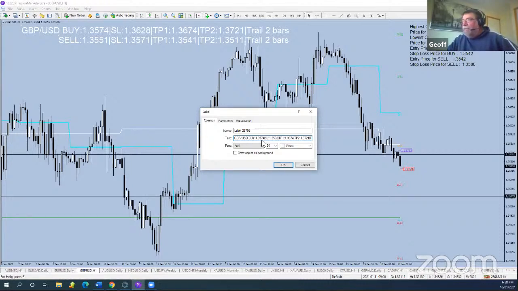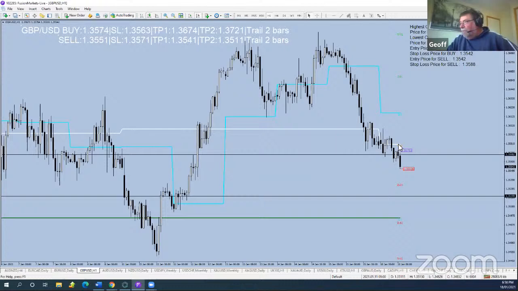Which makes it 1.3579. Now the weekly pivot is at what level? Tell me. 1.3580.